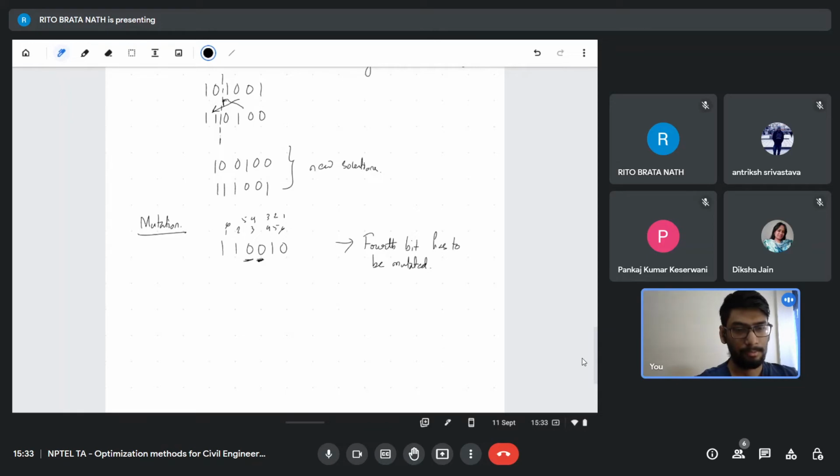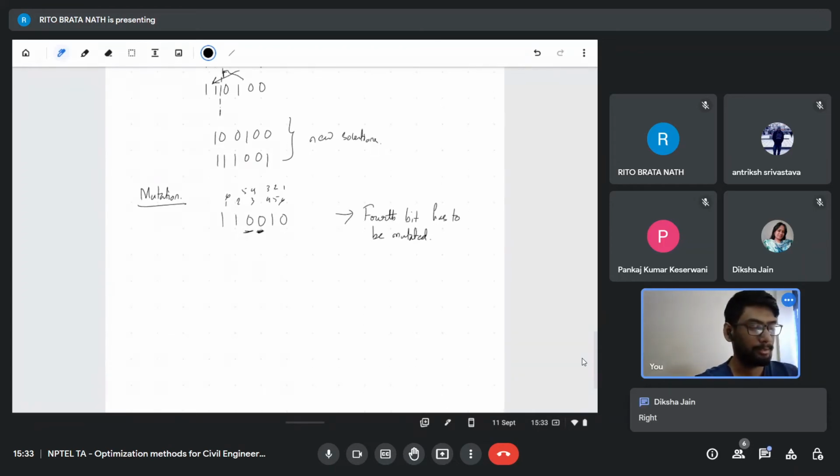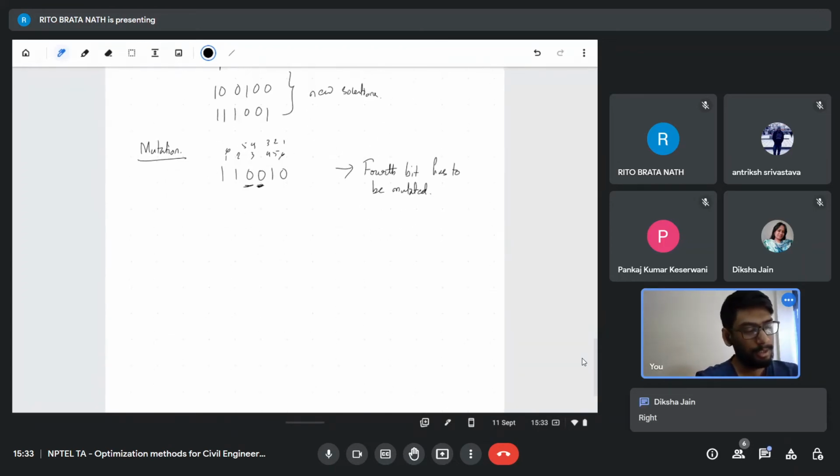Okay. Is it too simple, or you haven't read it? Yeah, correct. I think it's too simple. So in that case, you count it from the right. Your first bit is the rightmost one, the second bit is the second rightmost one, and so on.